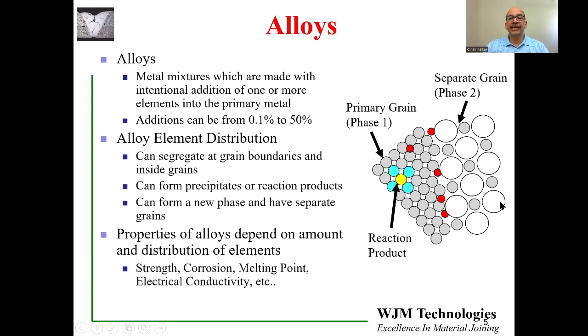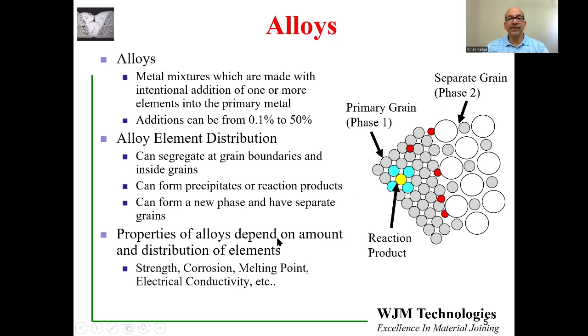Over here, I'm showing a neighboring grain, which is a combination of the primary metal plus the additive metal, for example. And the structure of the adjacent grain can be very different. So you can have two grains which are sitting right next to each other, and they can have different phases and different structures.